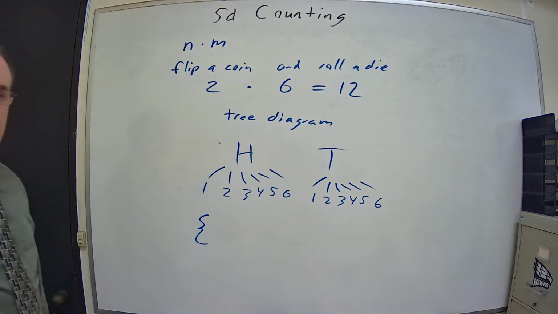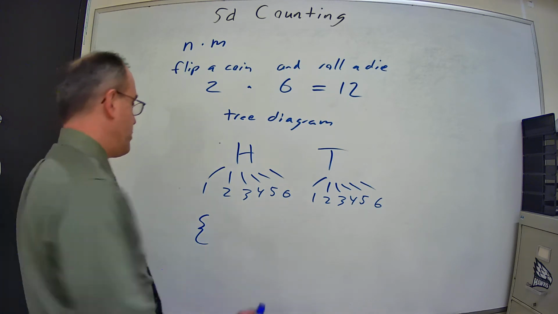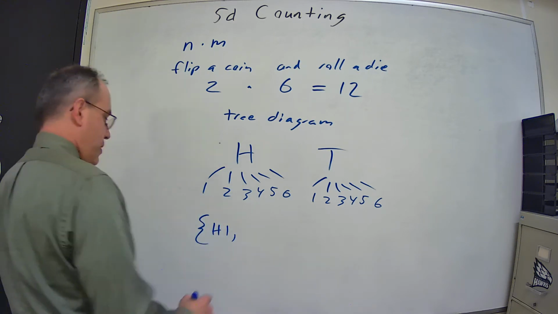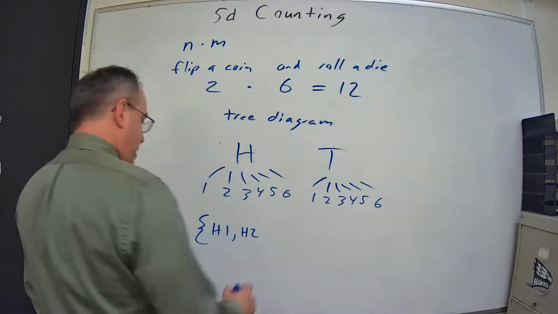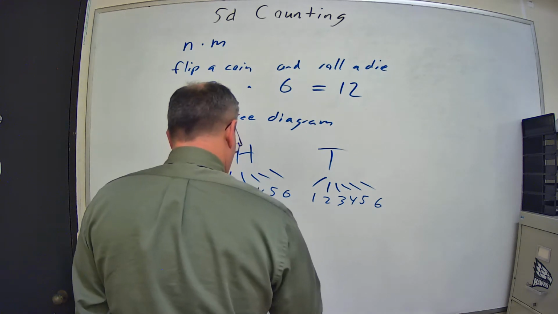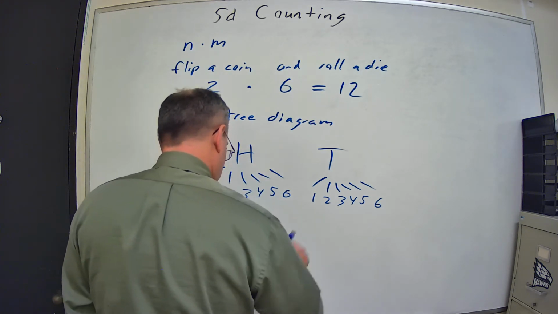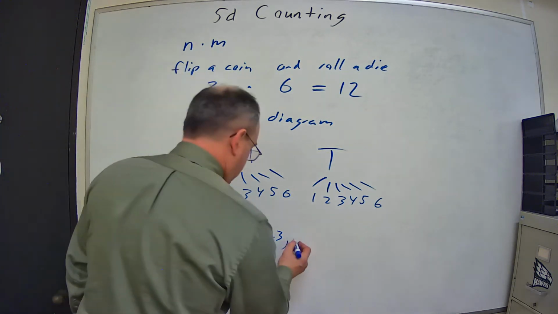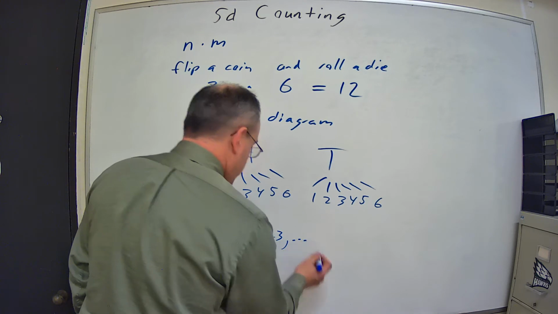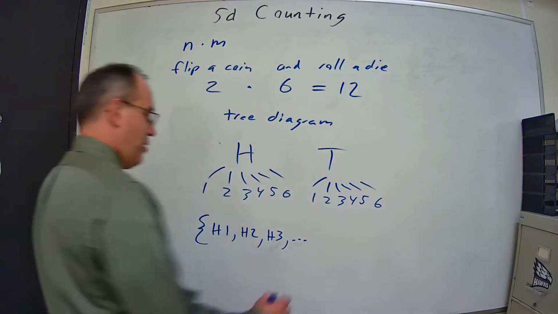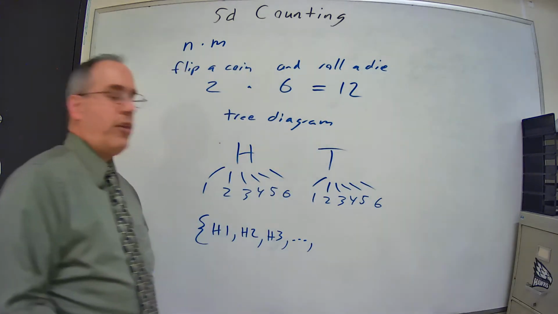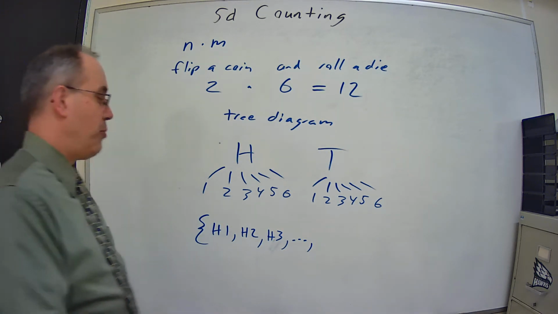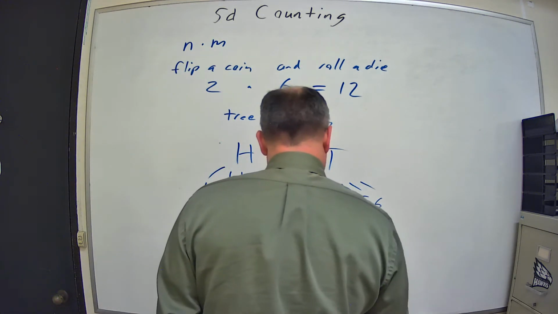So my sample space of all possible outcomes is heads 1, heads followed by a 2, heads followed by a 3, heads followed by a 4, heads followed by a 5, heads followed by a 6, tails followed by a 1, tails followed by a 2, tails followed by a 3, tails followed by a 4, tails followed by a 5, tails followed by a 6.